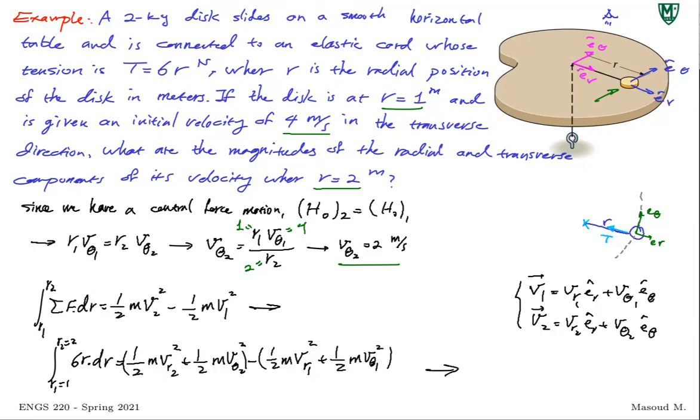So the integral becomes 3 r squared from 1 to 2, equal to the right side, 1 over 2.